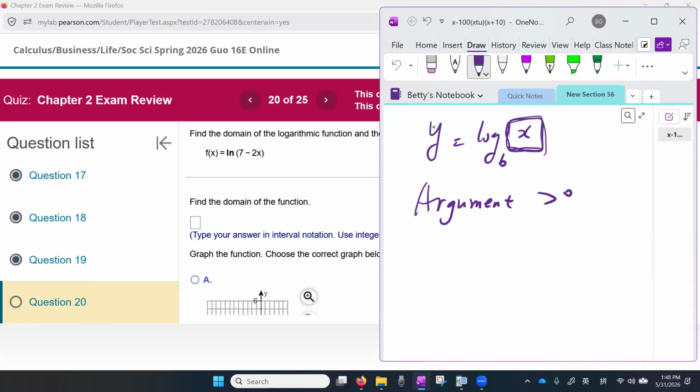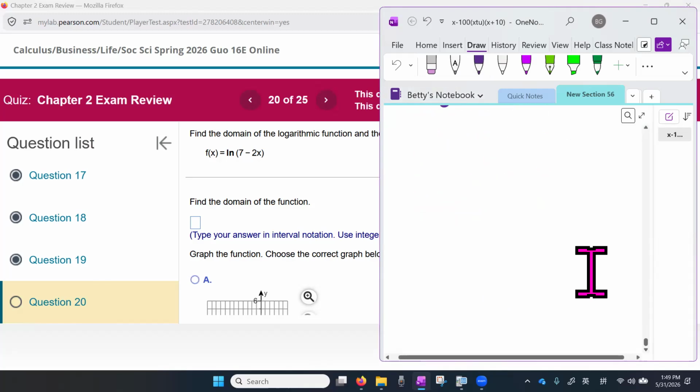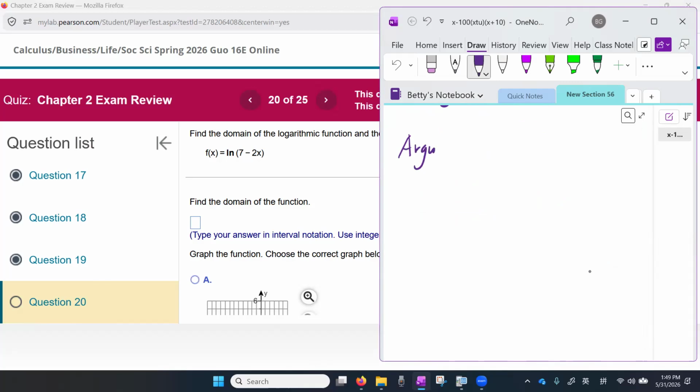The argument of a logarithmic function has to always be strictly bigger than 0. So to find the domain, we need the argument of this function, which is 7 minus 2x. We make this strictly bigger than 0 and solve this inequality.